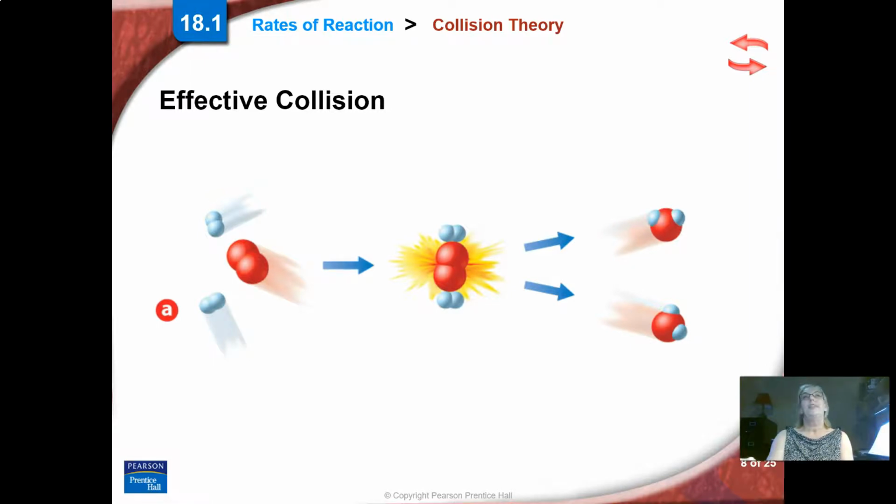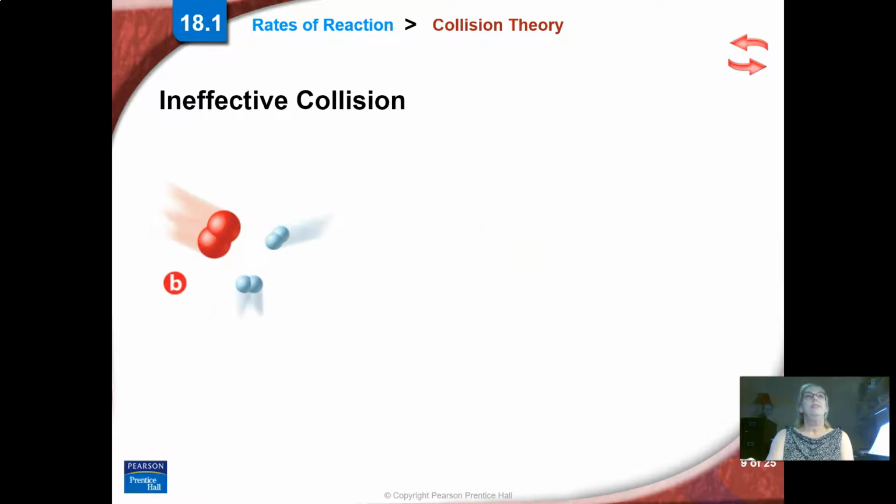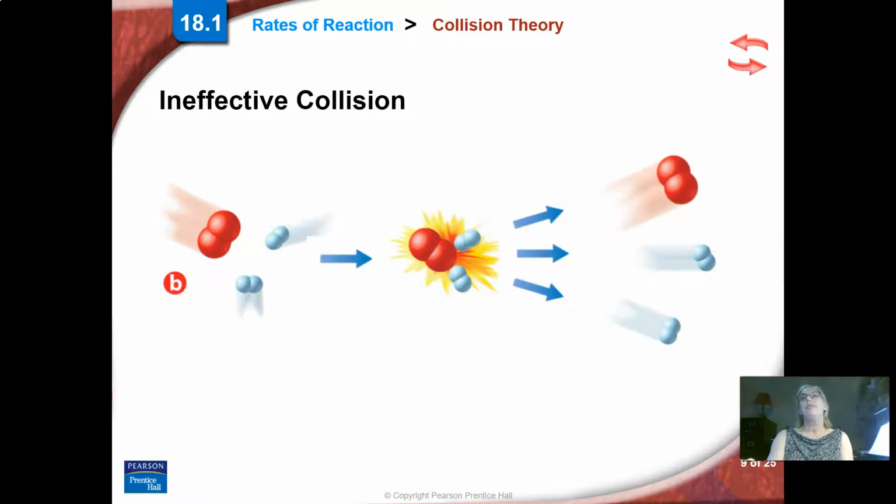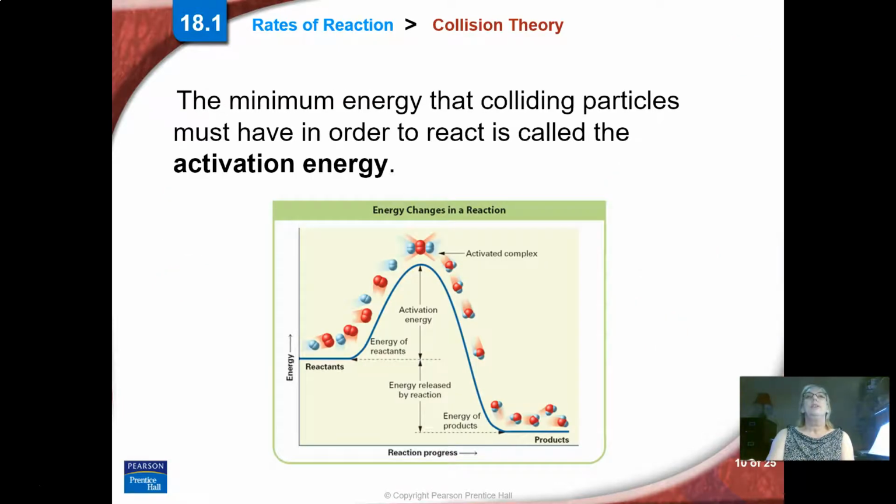Ineffective looks like this, where the reactants are not oriented the right way, they're not hitting in the right way, so they just bounce off each other and they don't form the product. That's an ineffective collision. For this to happen, the reactants have to have enough force and they have to be in the right orientation.